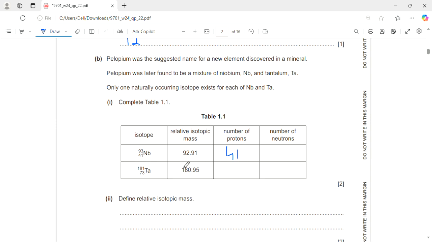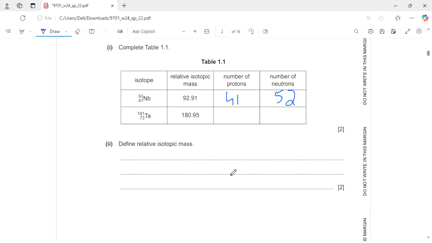And how many neutrons are there? You know, the mass number minus the atomic number gives the number of neutrons. So 93 minus 41, we get 52. The number of neutrons is 52. Now for tantalum, there are 73 protons. And how many neutrons?